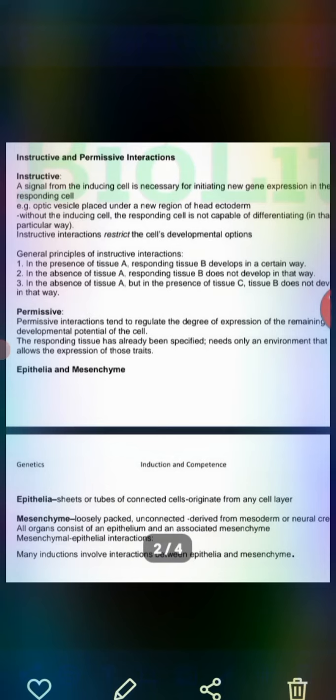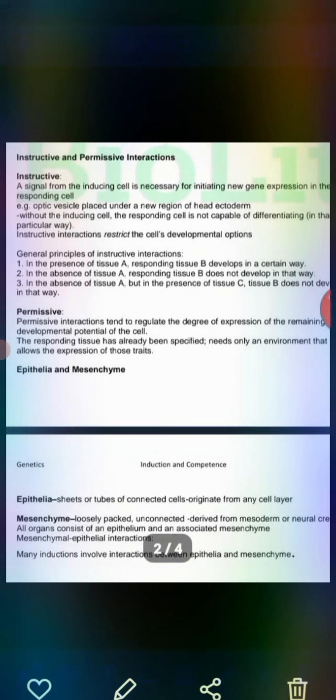A typical example for the permissive interaction is the presence of extracellular matrix. In the case of tissues and many cells, they need an extracellular matrix to develop. This extracellular matrix doesn't alter the type of cells that is produced, but it enables what has already been determined to be expressed.